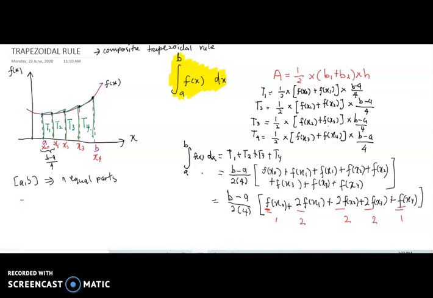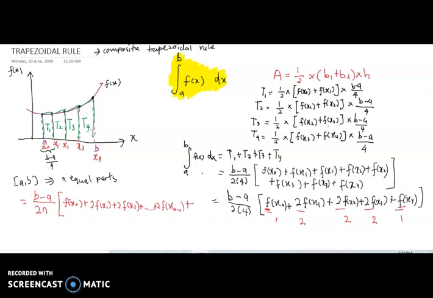So the formula is given by (b minus a) divided by 2n, where the 2 here is a fixed number and the 4 is now n, since we are dividing into n equal parts, times the first term, whose coefficient is always 1, so f of x0, plus the middle terms, whose coefficient is always 2, so plus 2 f of x1 plus 2 f of x2 until plus 2 f of x(n minus 1).